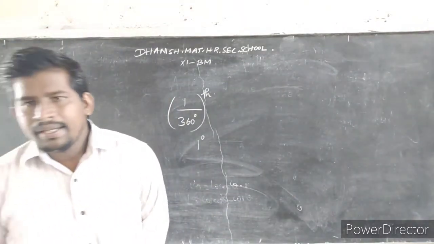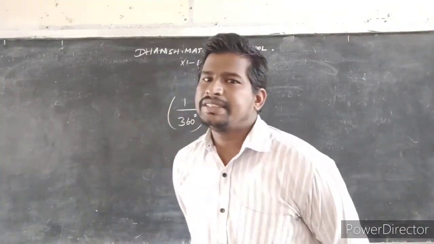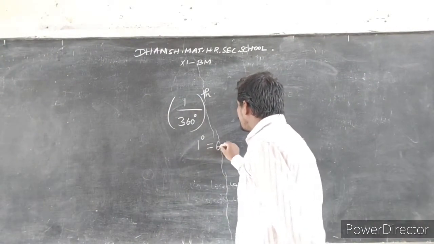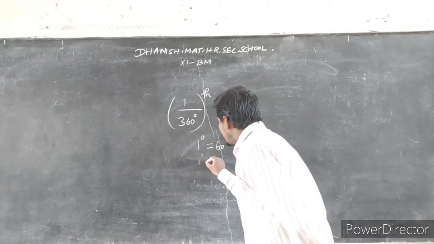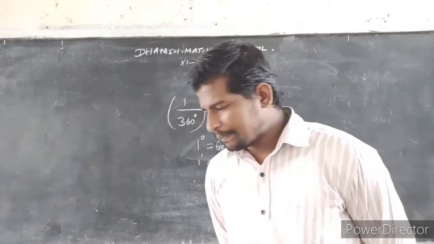Then a degree is divided into minutes and a minute is divided into seconds. So 1 degree is equal to 60 minutes. 1 minute is equal to 60 seconds.